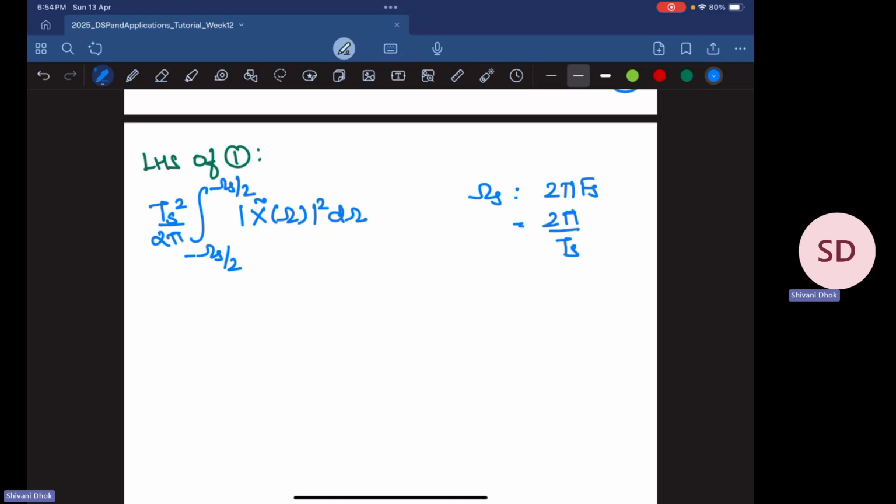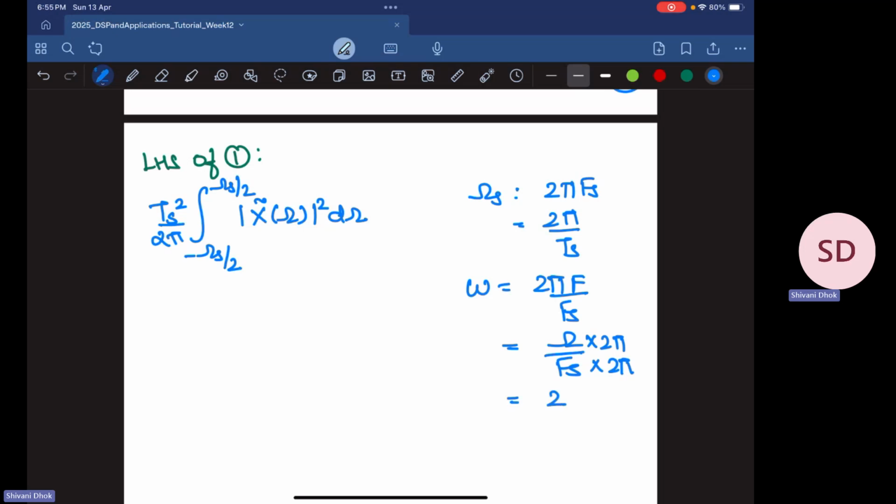And this I can also write as 2 pi f by fs, we have this relation. Then we have omega as 2 pi f by fs, which is omega by fs. Now I can multiply by 2 pi in numerator and denominator, and this 2 pi fs, as we have seen, is simply my omega s.